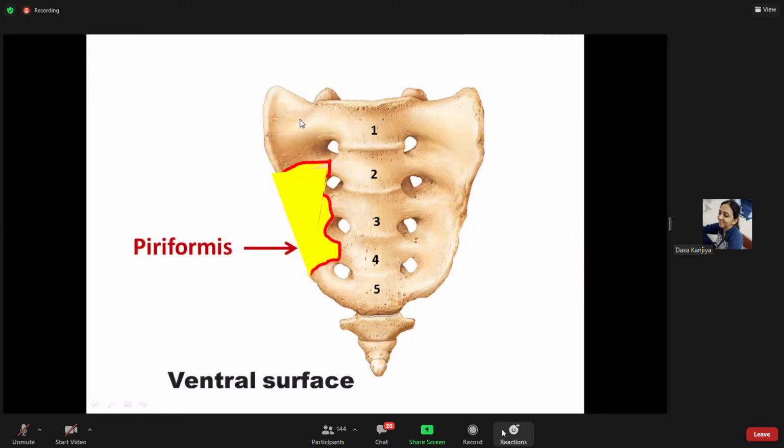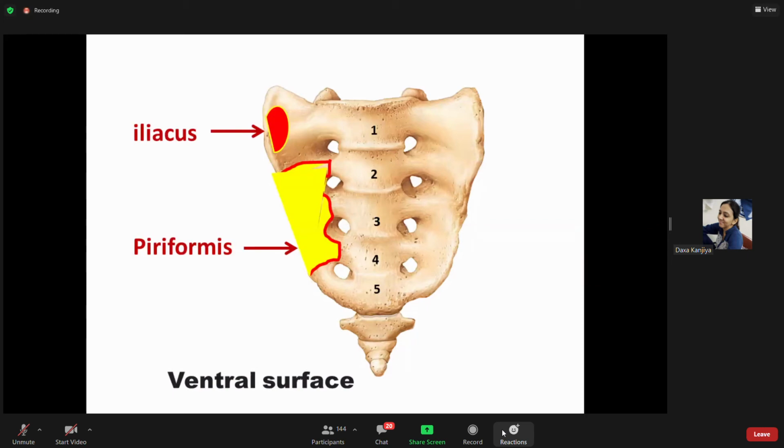Now, as I told you, the ala of the sacrum is divided into two portions, a medial smooth part and a lateral rough part. So this lateral rough part gives the origin of iliacus. Lateral rough part. Now, do you remember the insertion of these two muscles?